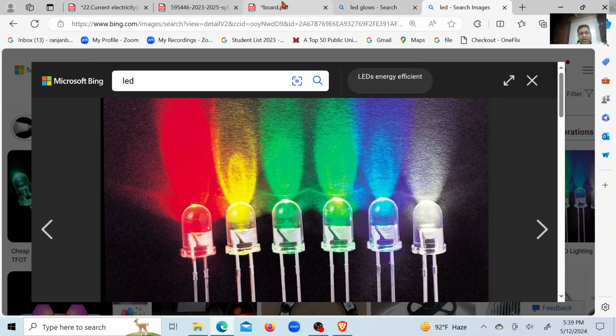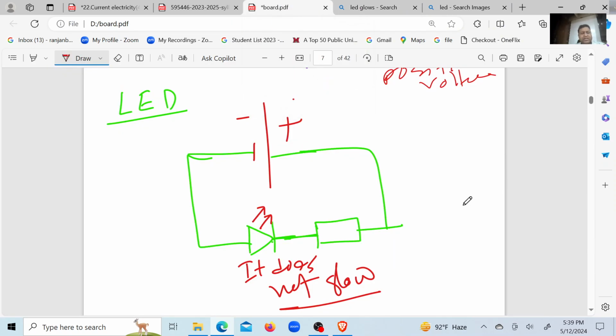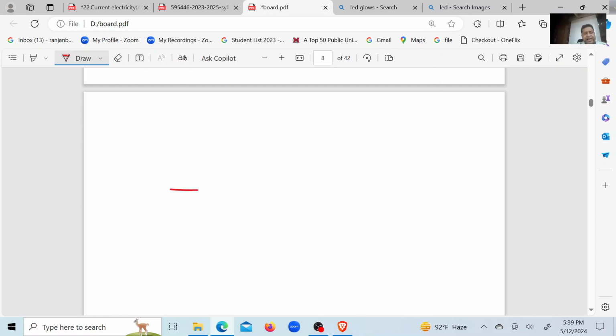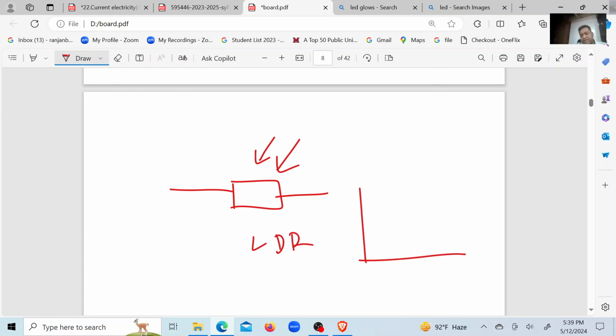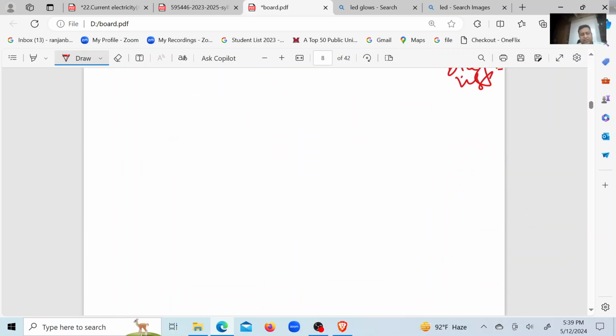When they conduct current, they glow itself. The last one is the LDR, the light dependent resistor. The graph is like this. This is the brightness of light, and this is the resistance. When brightness increases, the resistance value decreases in this way. That's it. Nothing else.